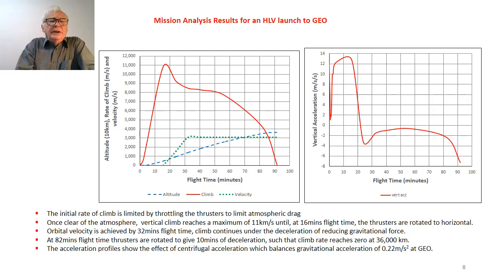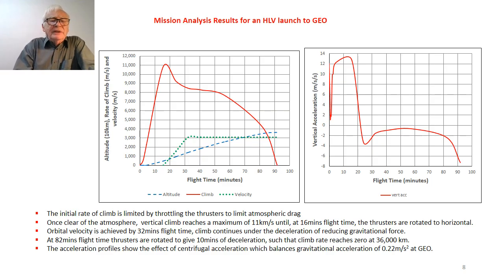You achieve orbital velocity by 32 minutes flight time, but the climb continues under the deceleration of reducing gravitational force and, of course, the effect of centrifugal acceleration that is given by the orbital velocity.